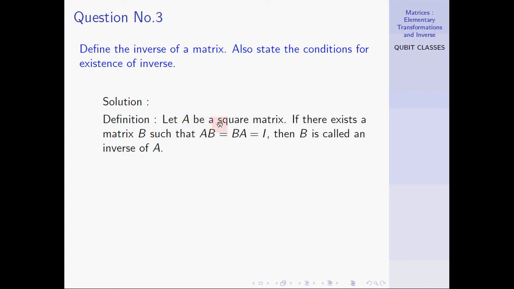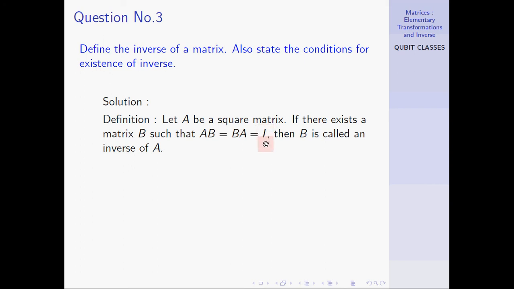Let A be a square matrix. If there exists a matrix B such that A into B is equal to B into A is equal to I, then B is called an inverse of A. Now I is an identity matrix.